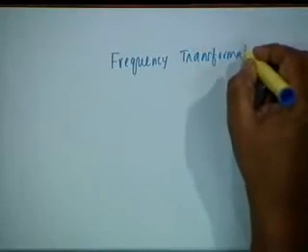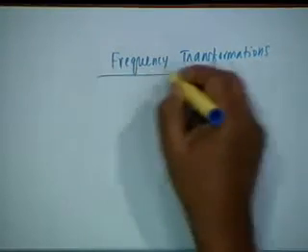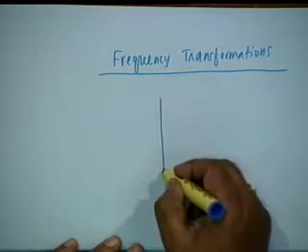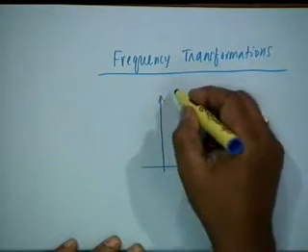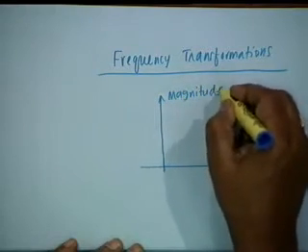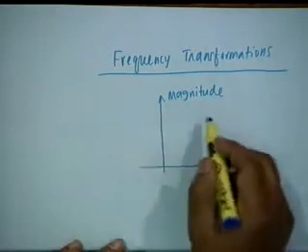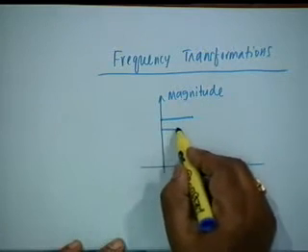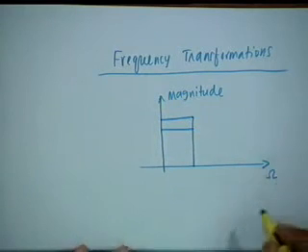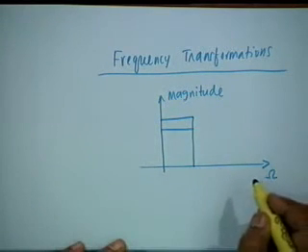We next considered frequency transformations in analog filters. What we wish to do is to transform a low pass filter, a normalized low pass filter, that is, normalization is with respect to frequency.